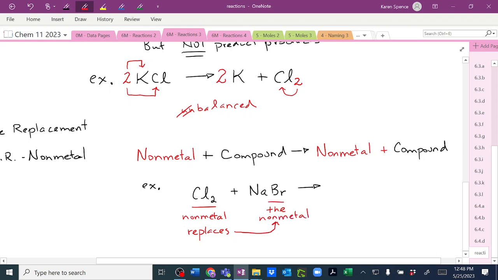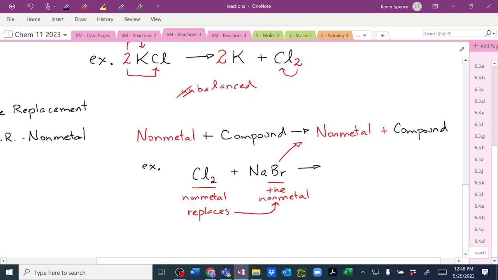So basically, chlorine goes in and takes bromine's place and it kicks it out. So now what I have is sodium is not with bromine anymore. Sodium is with chlorine. So I have sodium, which is positive. I have chlorine, which is negative. And so I don't have NaCl2, right? I don't want NaCl2.